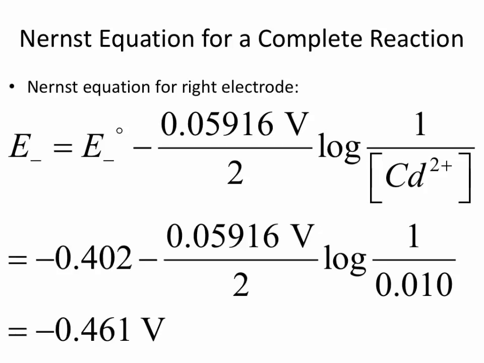And the Nernst equation for the left electrode is then E0 minus 0.05916 volts divided by 2, again we're transferring 2 electrons, times log of 1 over the cadmium ion concentration. When we plug in the cadmium ion concentration of 0.1 molar, then we get an E minus of minus 0.461 volts.